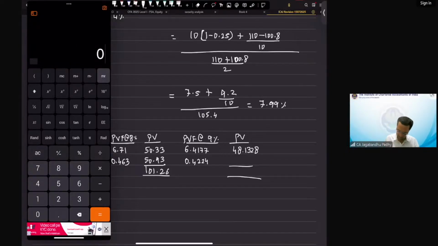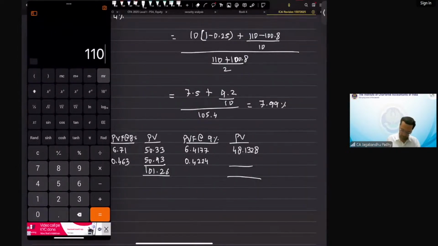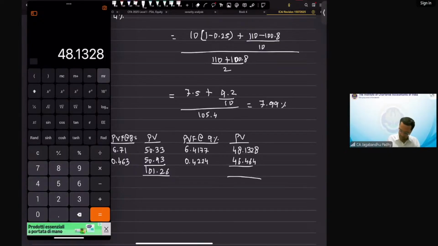The other is 110 into 0.4224, which is 46.464. 48.1328 plus 46.464 is 94.5968.